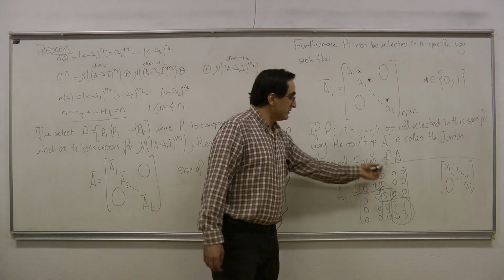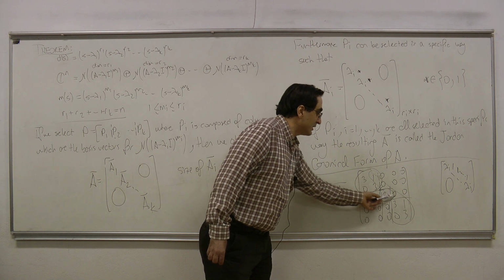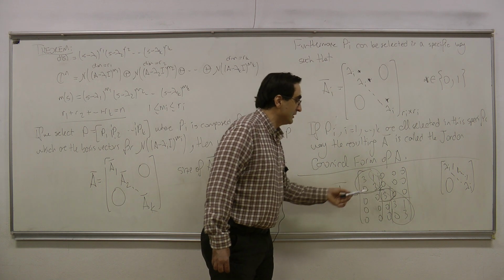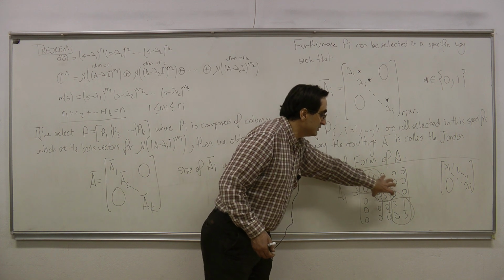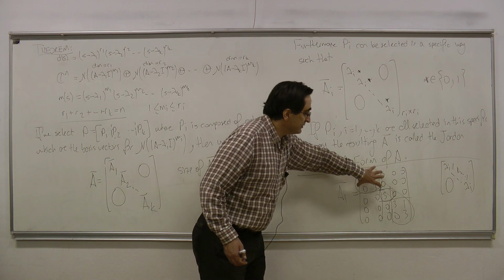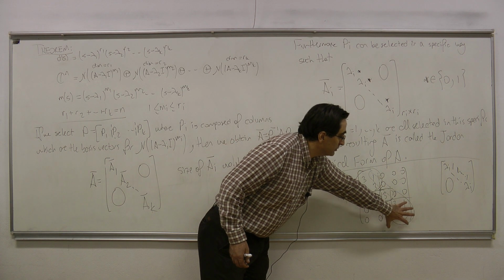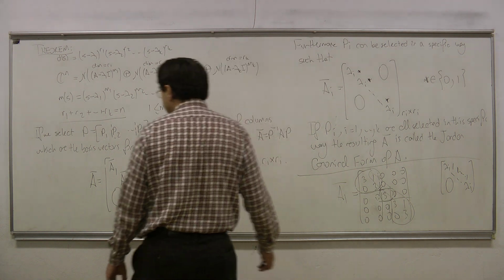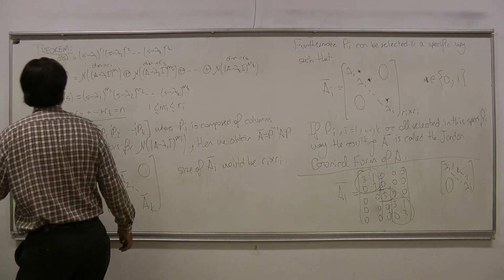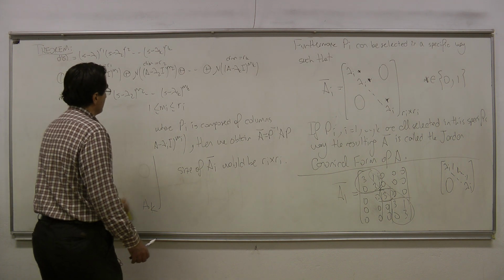So when I look at this one, this is not a 5 by 5 Jordan block because there are not always ones, one above the main diagonal. But I can divide this A1 bar into individual Jordan blocks. This is a 2 by 2 Jordan block. This is a 1 by 1 Jordan block. And this is a 2 by 2 Jordan block. Okay? So let me try to illustrate this a little bit more.